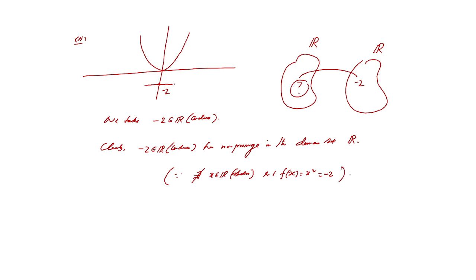The square of a real number must be greater than or equal to 0, as x square is always greater than or equal to 0 for all x belongs to R. So what do we conclude? We conclude that f from R to R is not surjective on R.